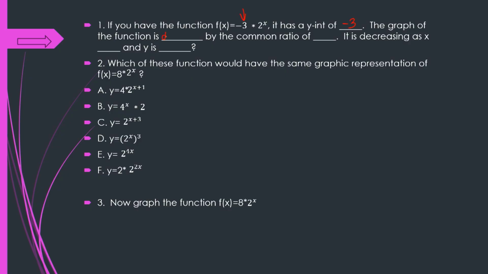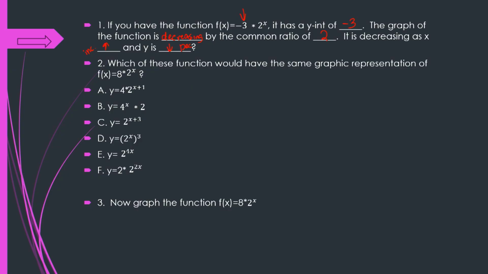I'm going to say that it is definitely decreasing. Miss Killen, how'd you find that out? Plugged it into my calculator. Good question. And it's decreasing by the common ratio of what? 2. So I could say as my x's increase, my y's are decreasing. That's a good job.